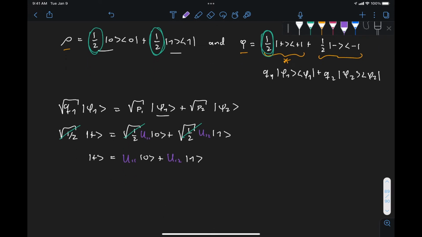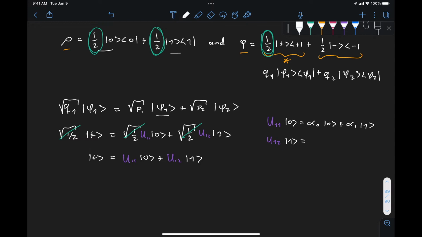Now here we know that if we apply a unitary, let's say u11, to state 0, that's going to result in an arbitrary state of the form alpha 0 state 0 plus alpha 1 state 1, and the same for this u12 applied to state 1.